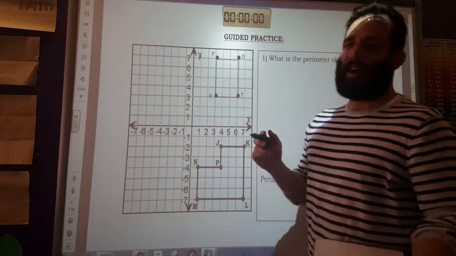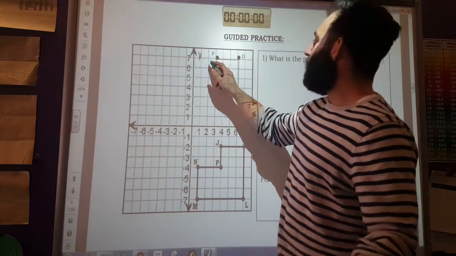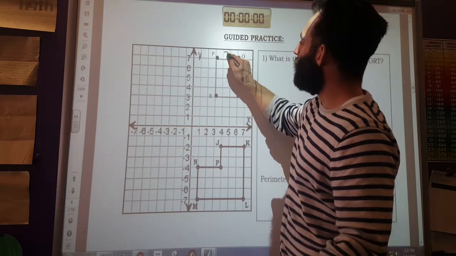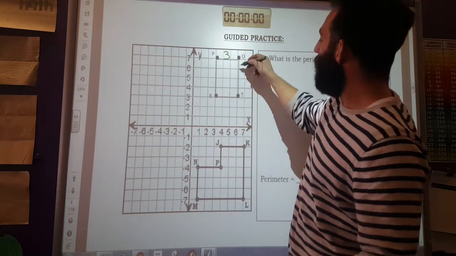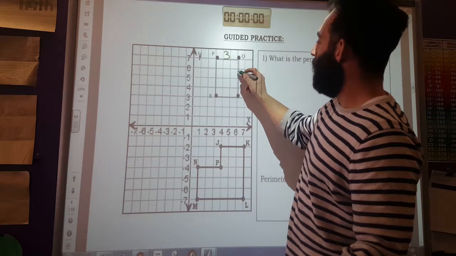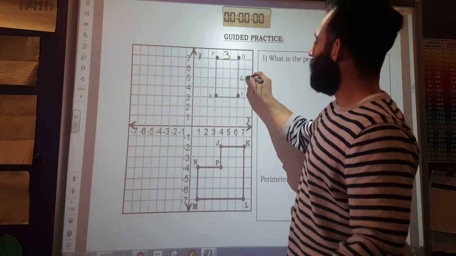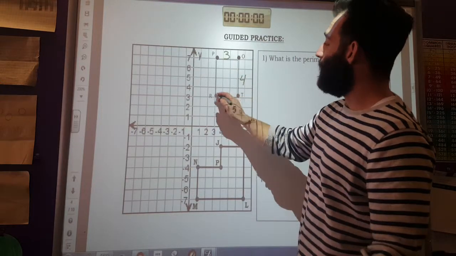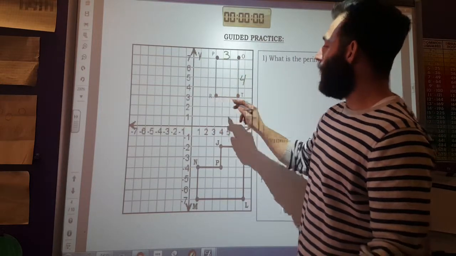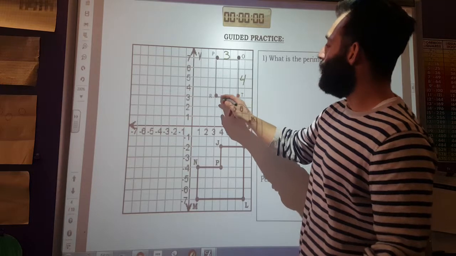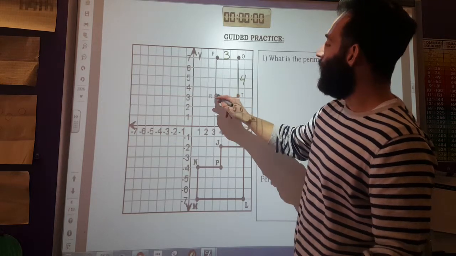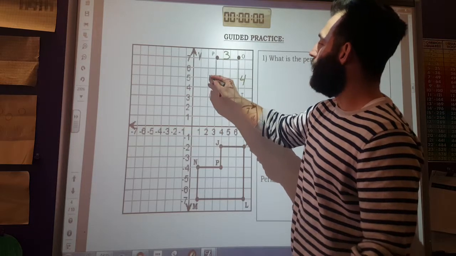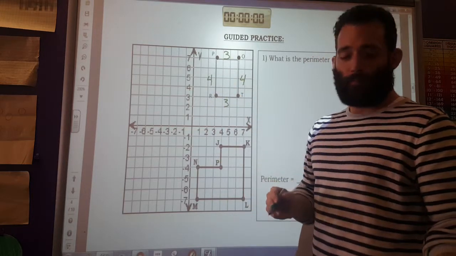Now the first thing I'm going to do is I'm just going to count. Line segment PO is 1, 2, 3 units. Line segment OT is 1, 2, 3, 4 units. This is a rectangle, so I know that it's going to be the same down here. TR line segment is going to be 1, 2, 3. And line segment RP is going to be 1, 2, 3, and 4.